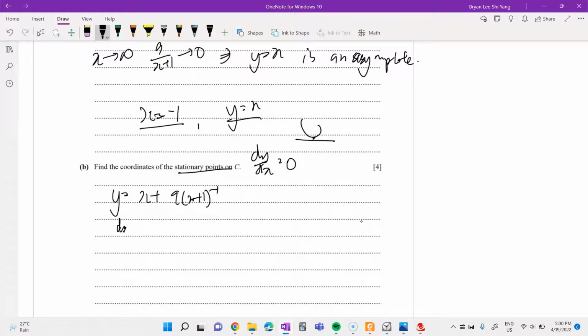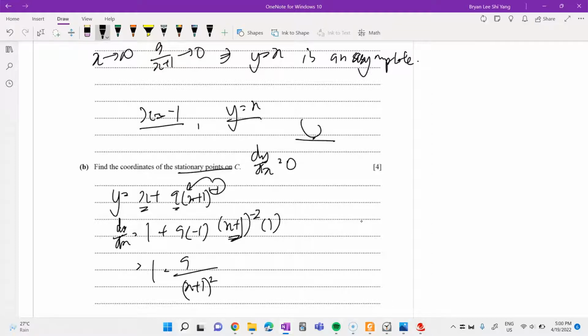Now, dy over dx will be equal to, when I differentiate, 1 plus 9 times -1, I'm just taking the power down, and then x plus 1 to the power of -1 minus 1 again, and then I need to differentiate x plus 1, which gives us 1, which isn't really that much of an impact. So we would have 1 minus 9 over x plus 1 squared.